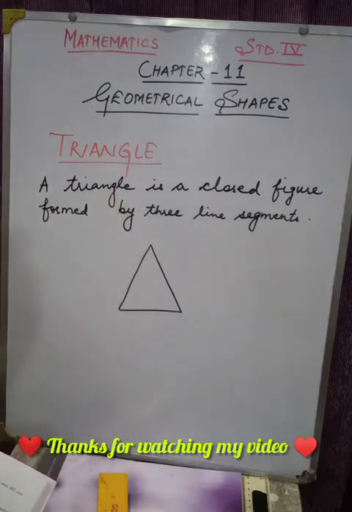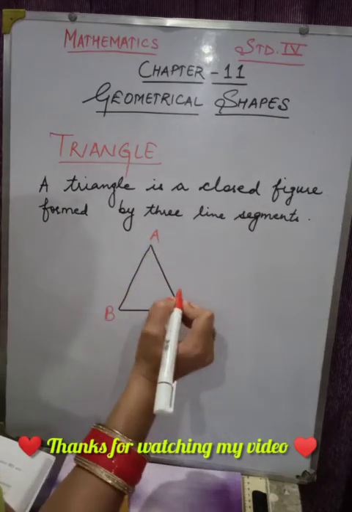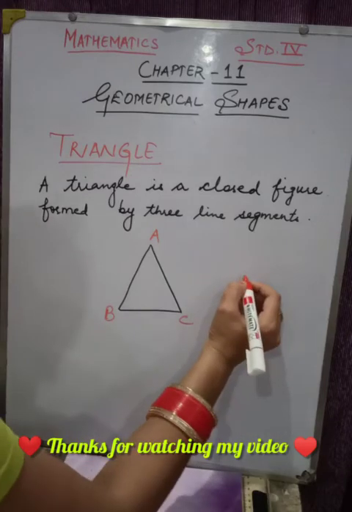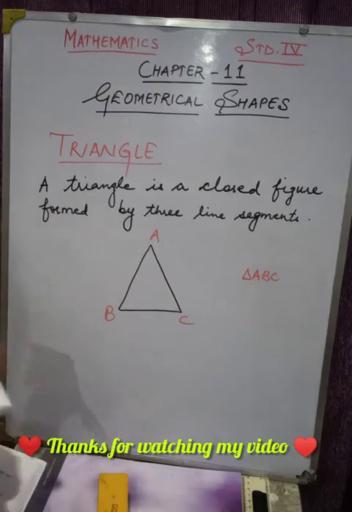Now, what are the properties of a triangle? Let's discuss one by one. First of all, we should name this triangle. How can we name a triangle? A, B, C. So the name of this triangle is triangle ABC.